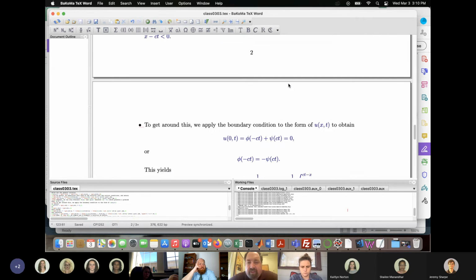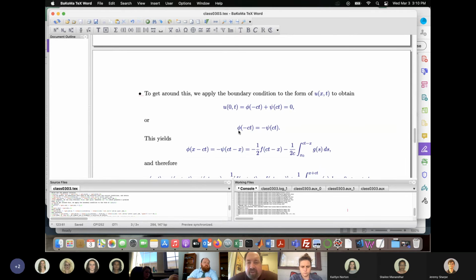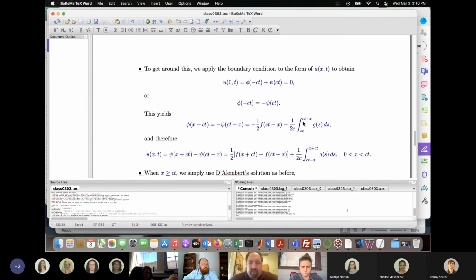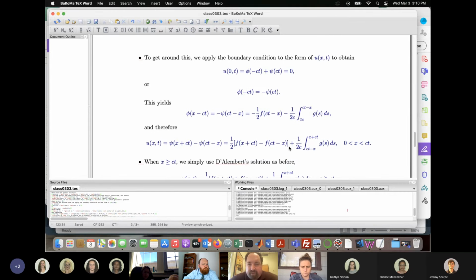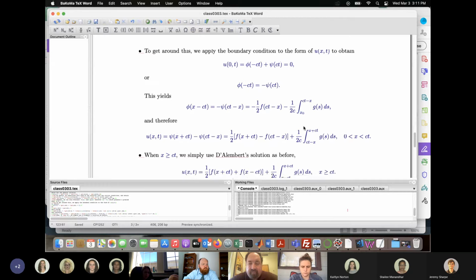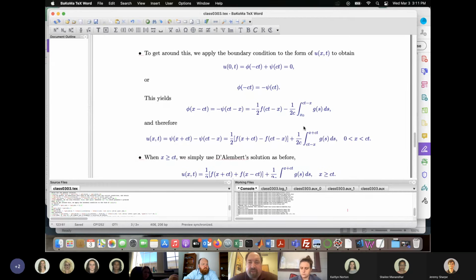And that will give you a condition similar, not the same, similar to this one, to figure out what your solution formula is going to be, something along these lines, where there's some change to D'Alembert's solution for that kind of boundary condition.